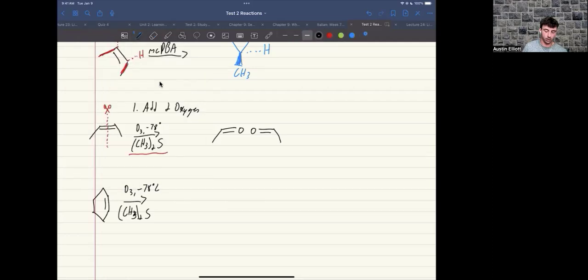You can either draw it in the ring, like this, like this, and then like that. Or you could draw it out in a straight chain. But I would recommend leaving it in the ring. I'll redraw that to be a little bit better.